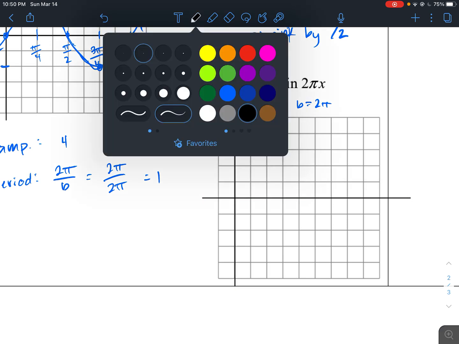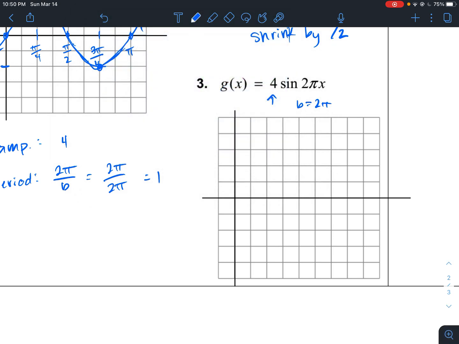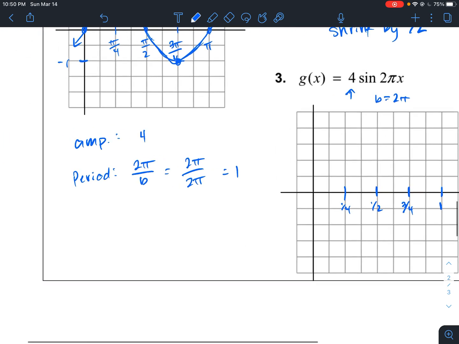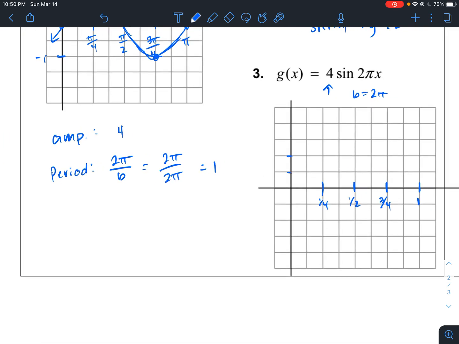Okay, so that means for me how I want to do this, I'm going to count by a fourth. So I'll call this 1/4. I will call this 1/2. I will call this 3/4. And I'll call this 1. And I'm going to have an amplitude of 4. So 1, 2, 3, 4.